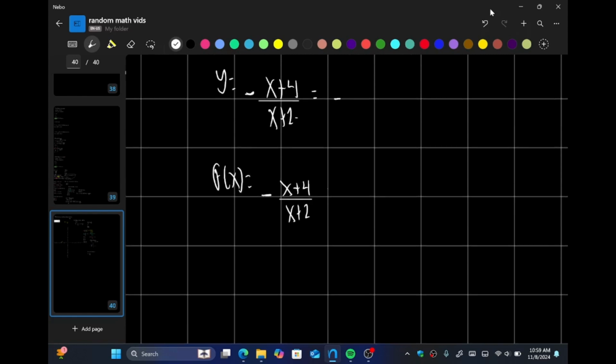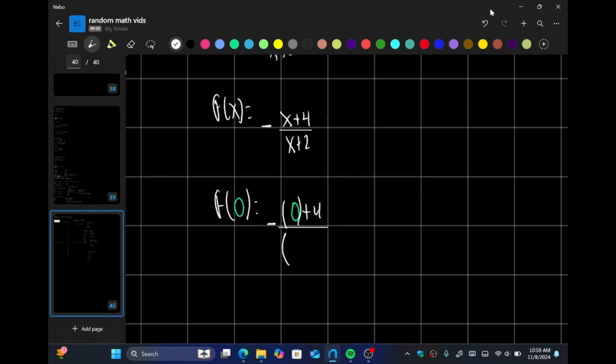And then f of 0 is going to be negative, 0 plus 4 over 0 plus 2.